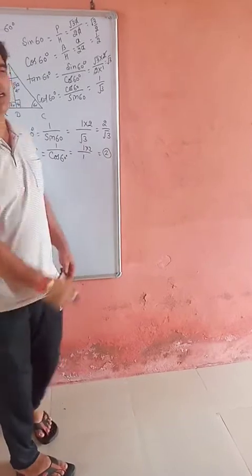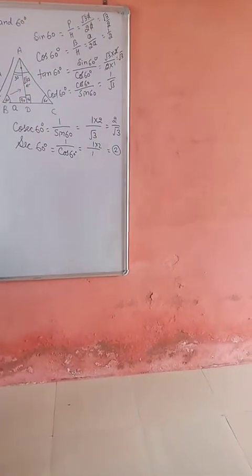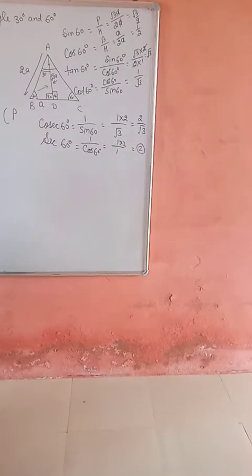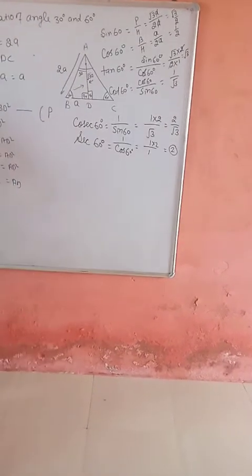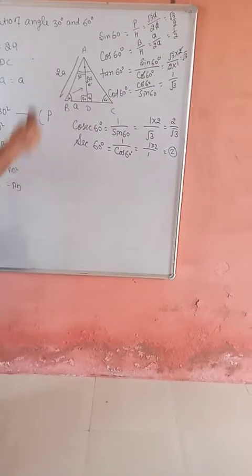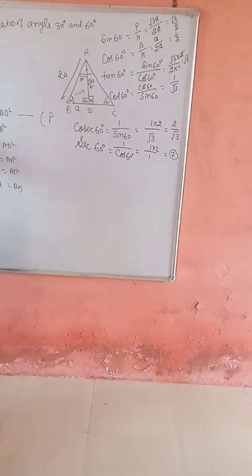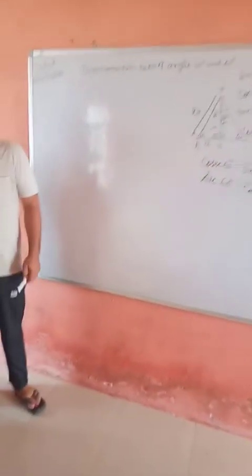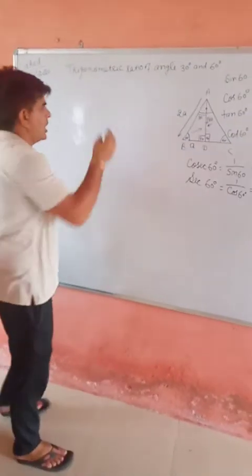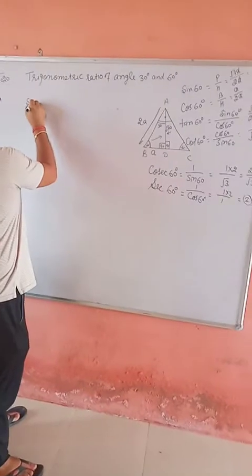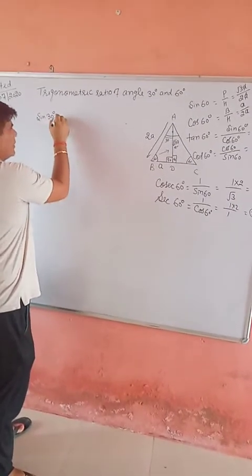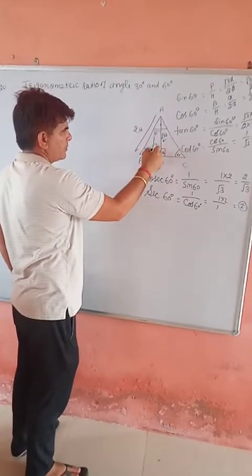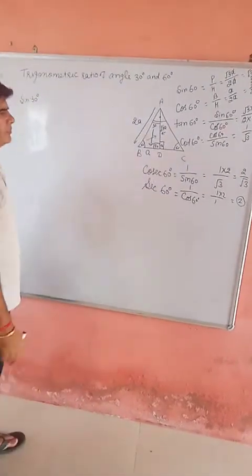So these are the values of these trigonometric ratios at 60 degrees. Now I want to tell you at 30 degrees. Same process, no change. So sine of 30. Sine 30 is this. Opposite is this. This is the perpendicular.